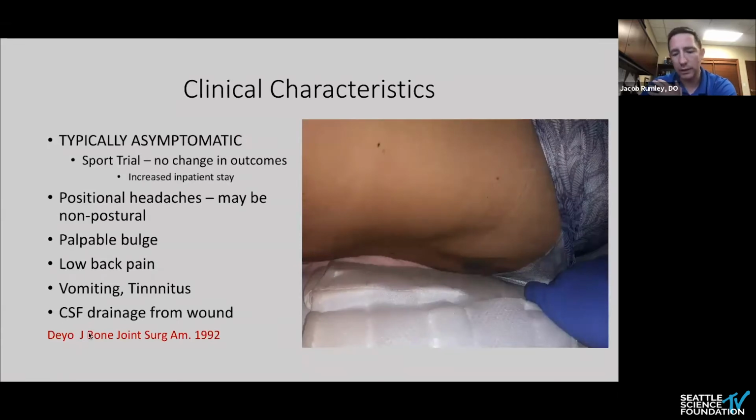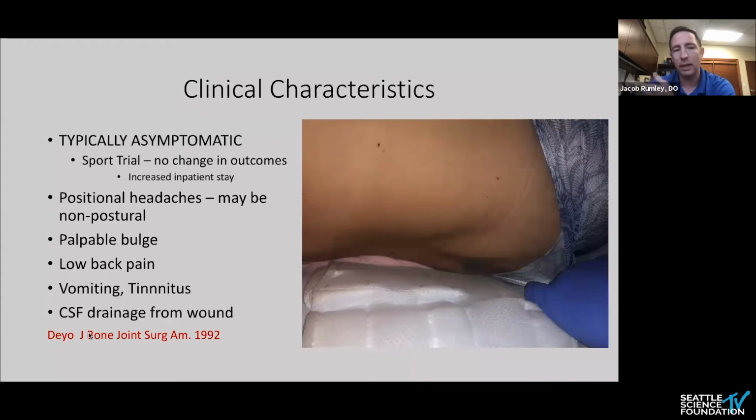What do we usually see when somebody has a dural tear that maybe we didn't recognize intraoperatively? It may be just postural headaches, maybe a palpable bulge like the patient in this photo. She has a little butterfly tattoo in her lower back that should be concave, but in her case is convex.